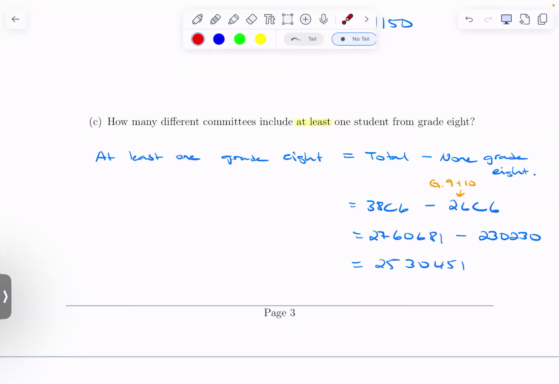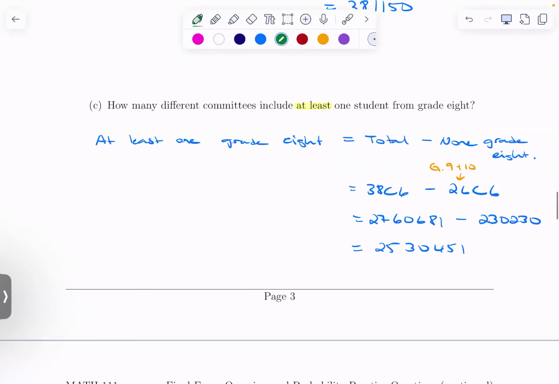Or you could do 1 grade 8. I'm spelling it out because otherwise it'll be too many numbers and it gets kind of weird.